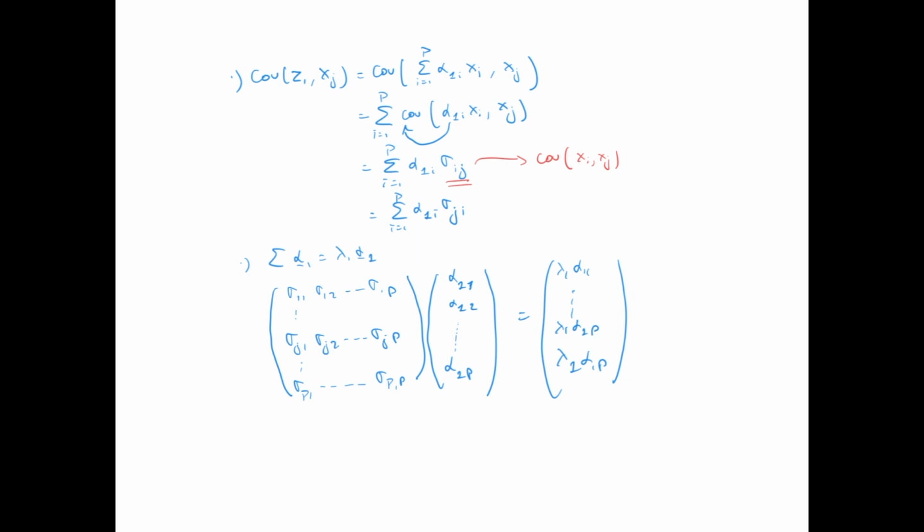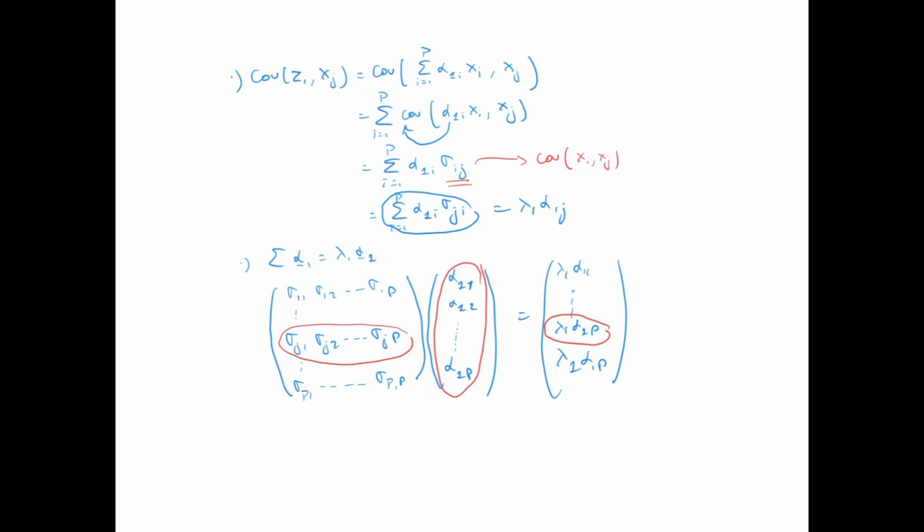Alright, so this is the expression that you find. And then we see that this expression here actually means that we multiply this row of sigma with the alpha 1 vector. And that should be equal to this value. So I can add here the equality that this is equal to lambda 1 alpha 1 j.